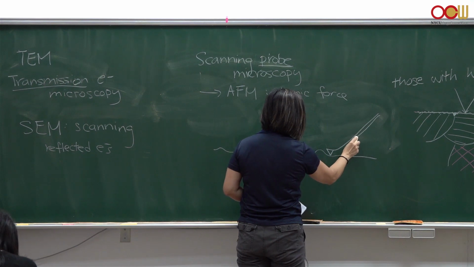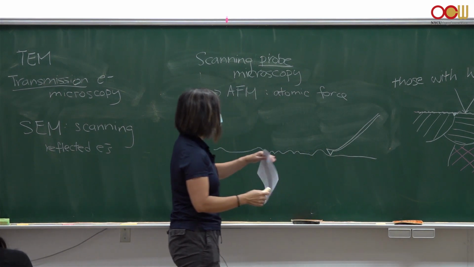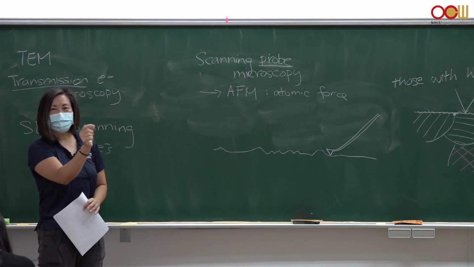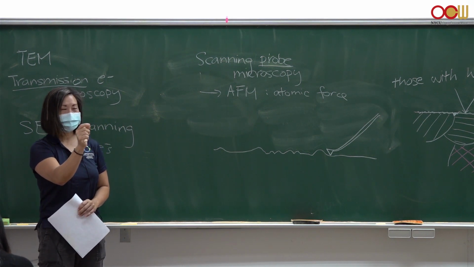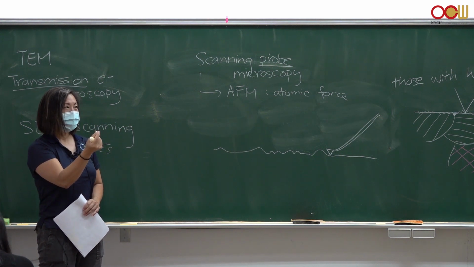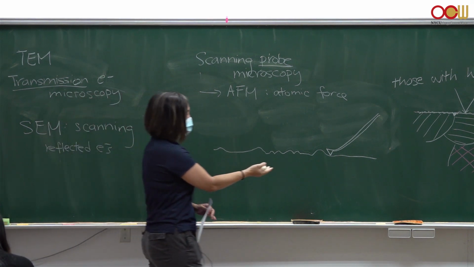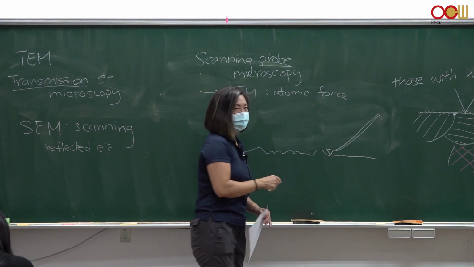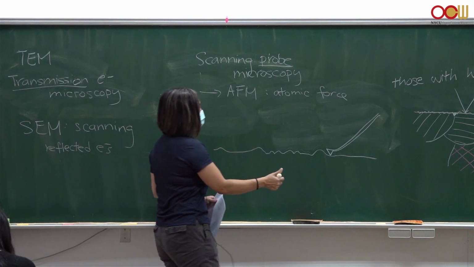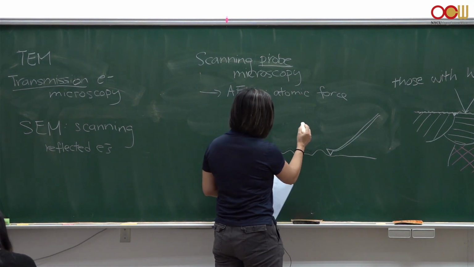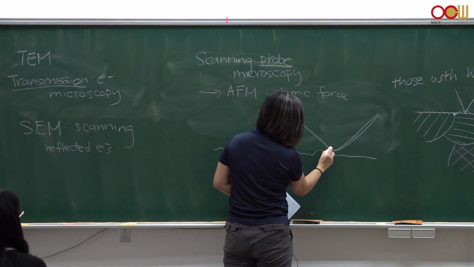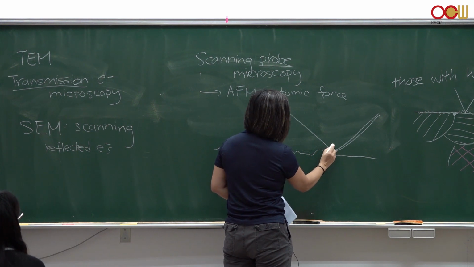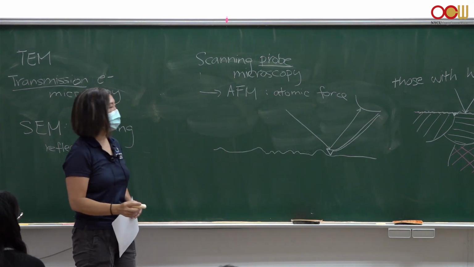They make something like this. This is an arm with a tip on the end, and the tip is made very, very sharp, so that the very point is only maybe like 10 atoms big. It's very, very sharp, on the order of angstroms, well, usually nanometers, that tip. Okay? And then what they do is they shine a laser onto the probe, and that laser is reflected to some light collector.